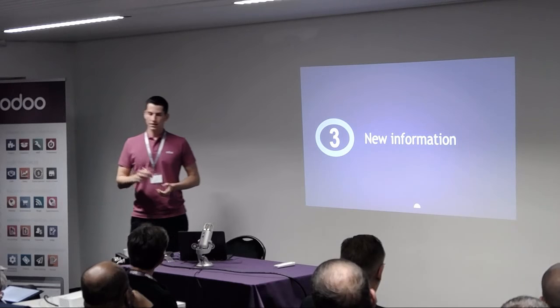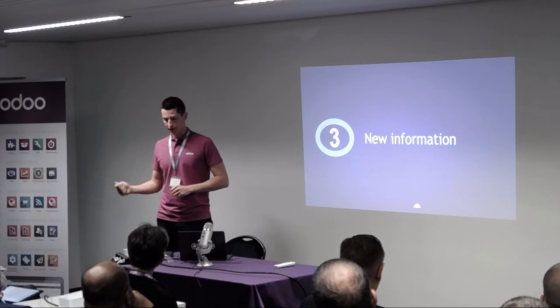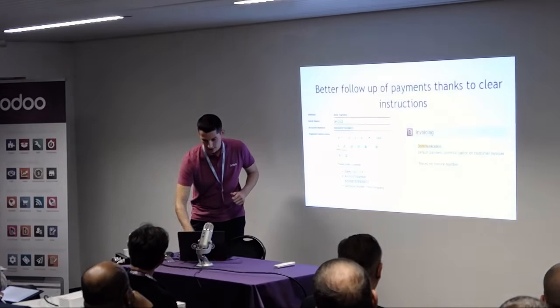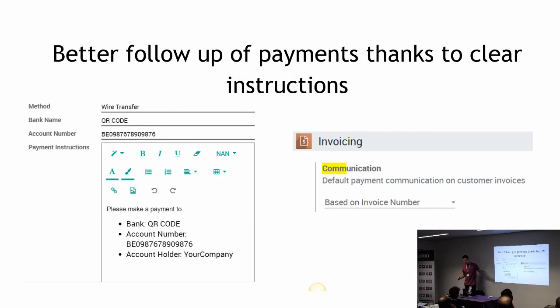In the backend, what is the new information that you can get? There is first the follow-up of the payments that your customer will make through, for example, wire transfers and bank transfers.